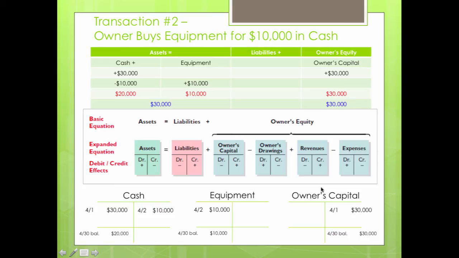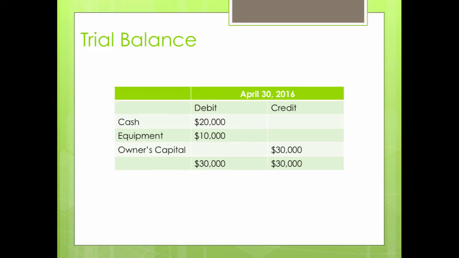Okay? Once you do that, the last objective for this chapter is to complete a trial balance. All that you do here is record each account that you were dealing with during the transaction recording process, and you record the account and the balance of each of those accounts in the debit or credit side.